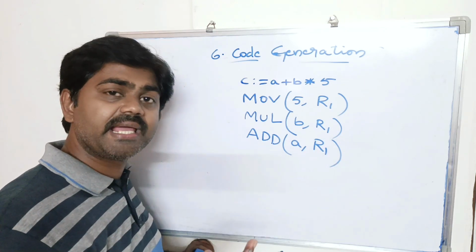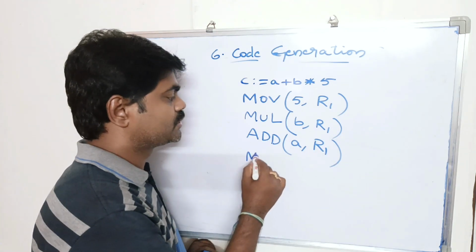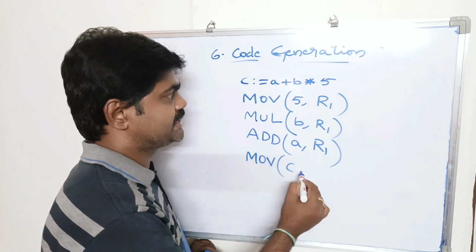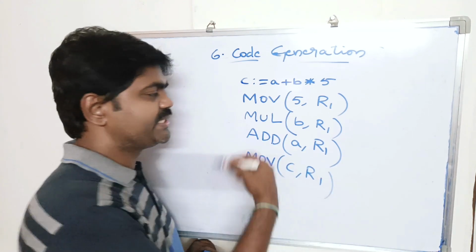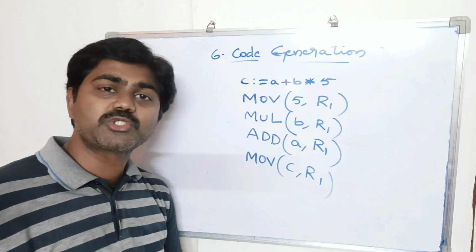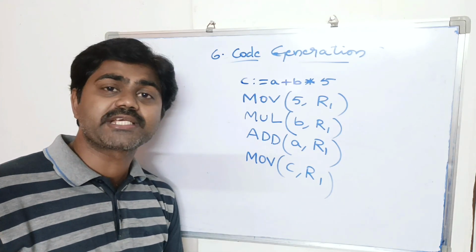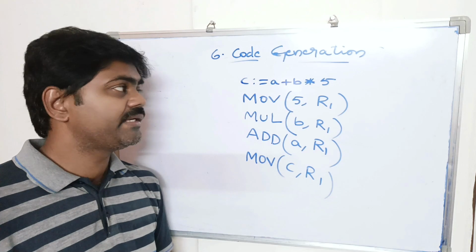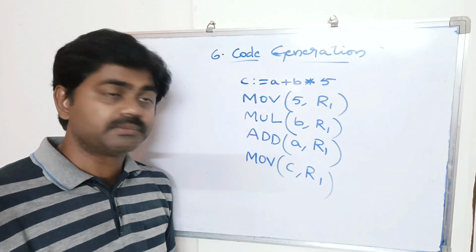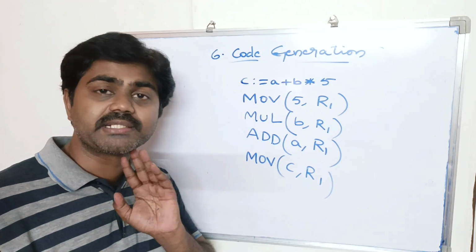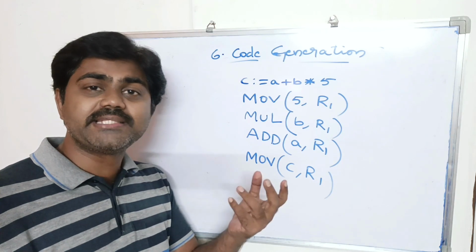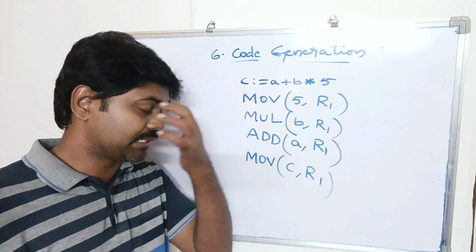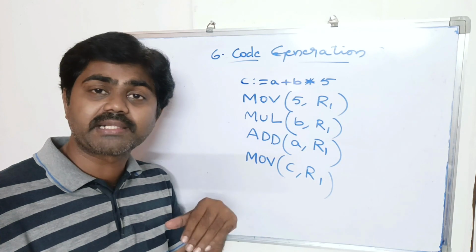And finally I am moving that to C. Move C comma R1. Like that. So in this way I will use instructions to represent my source input. So this is code generation. So in this way the source input is converted into target output.